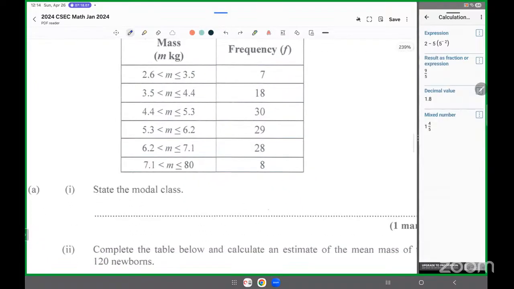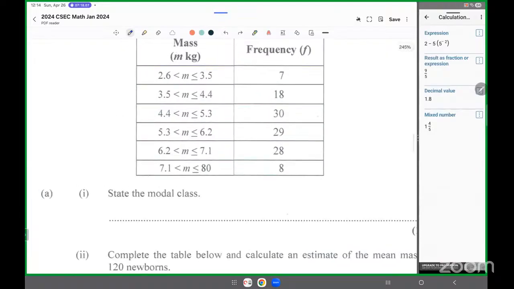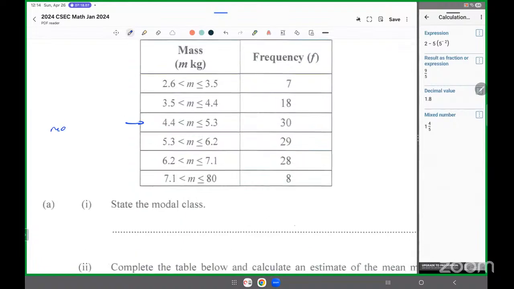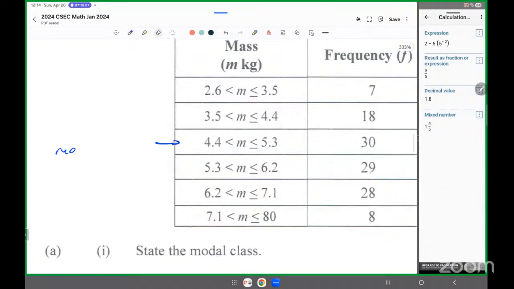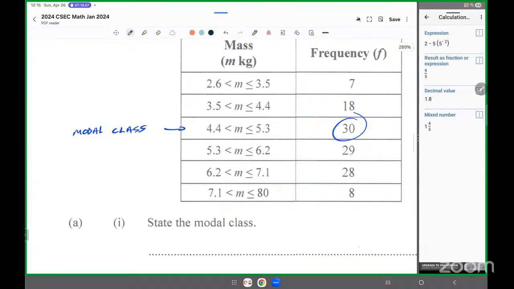It says state the modal class. The modal class is the one with the highest frequency, which is this one. And the frequency is 30.